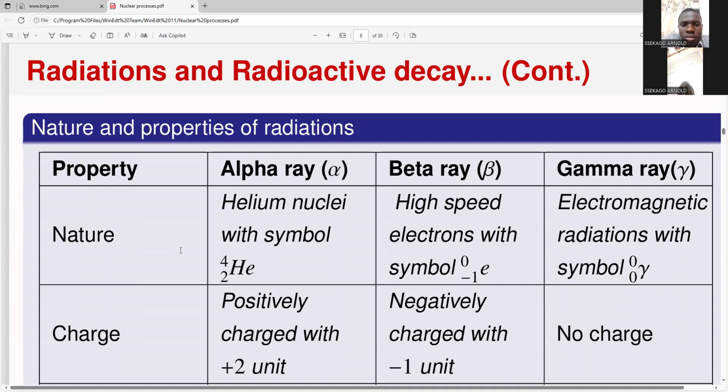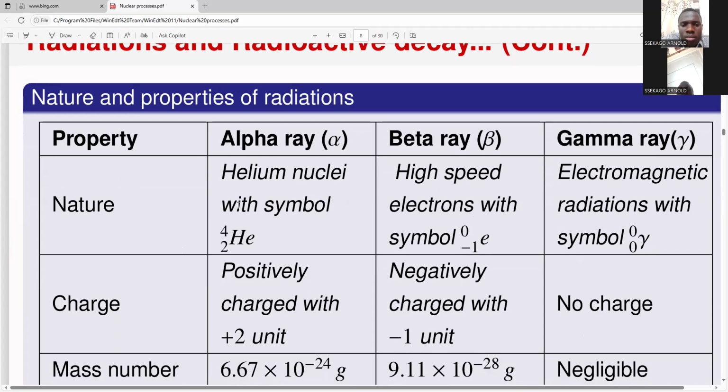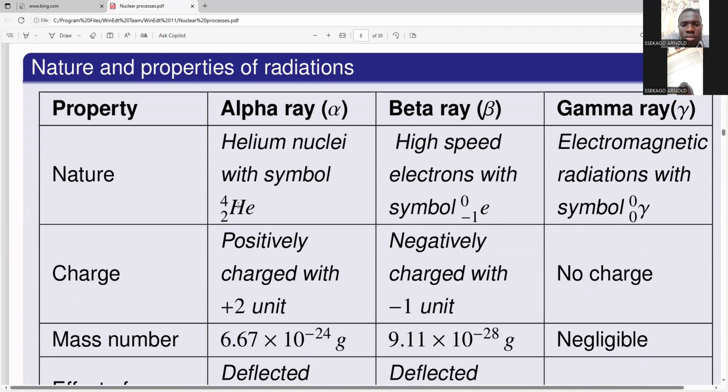Or alternatively, you can first listen to my explanation, then after listening, you pause and write down the work. So we have this table that summarizes the nature of the particles that are emitted during radioactive decay.